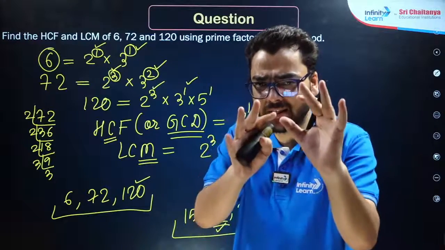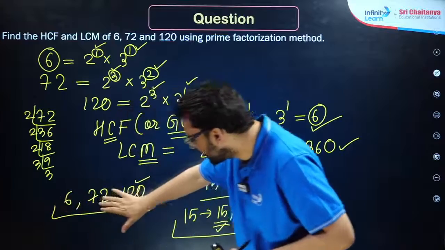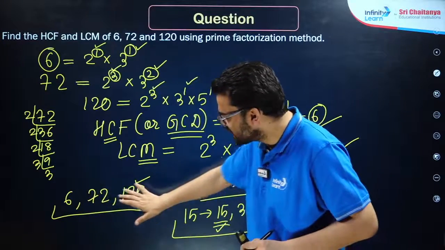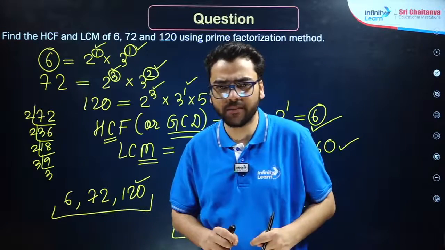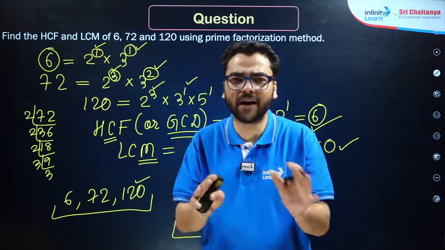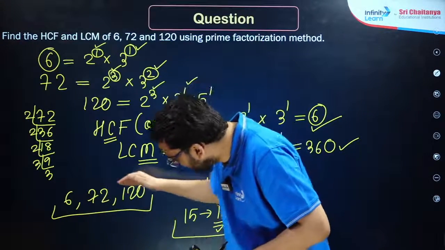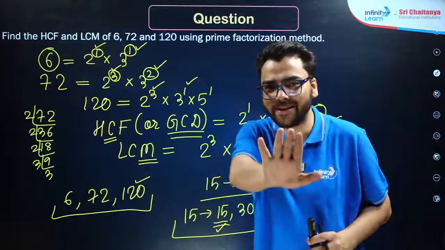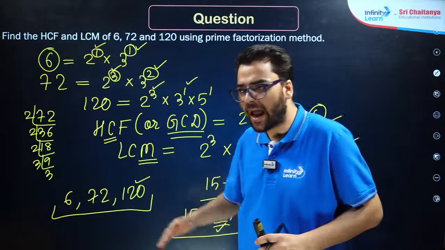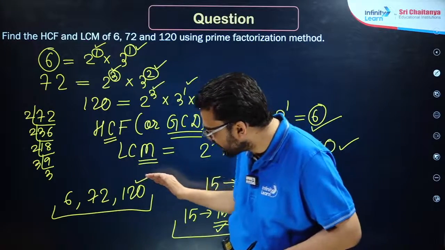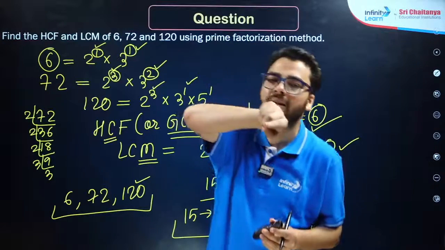Now understand one thing logically. If you are finding the HCF of these numbers, the HCF is a factor of all of them. Hi Akshay. That is clear. Now the LCM of these numbers is a multiple of all of them. Am I right? So can I not say that the LCM is a multiple of the HCF?